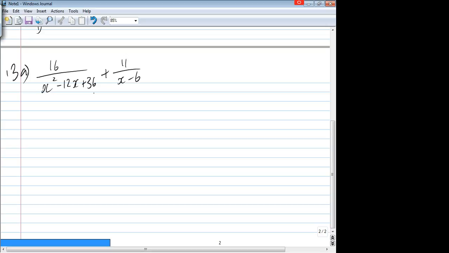So some rough working over here, x squared minus 12x plus 36 is equals to what? So draw your grid. And we're going to get x squared, 36, negative 12x. So what values do you think I should put over here? I probably can put 6 and 6.